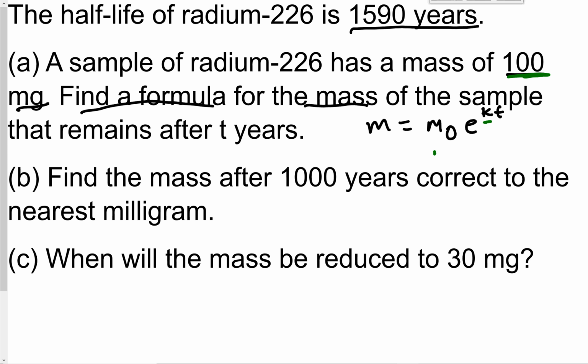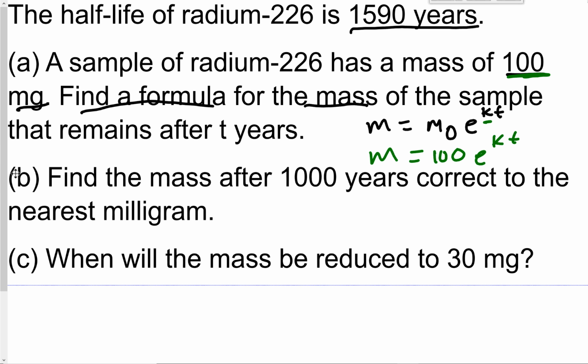So there's our 100 here, and they don't give us a k. So we want to find out what k is. Well, we know that it takes 1,590 years in order for it to decrease.